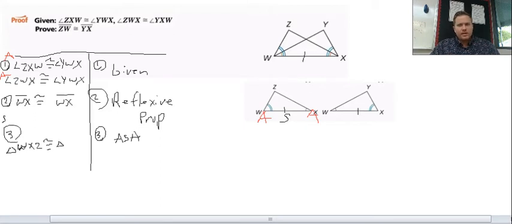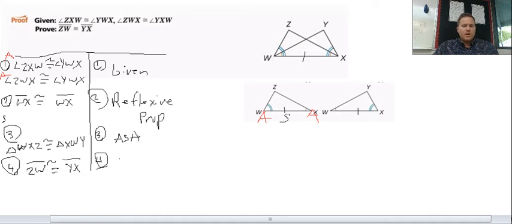So W right here matches with X, so I have to have X. X right here matches with W, so I have W, and then Z right here matches with Y. So remember, I have to have it in the correct order. So now I just stated that the 2 triangles are the same. So now that we know that they are the same, we know that ZW, that segment, is going to be congruent to YX. And how do we know that? We know that because corresponding parts of congruent triangles are congruent.